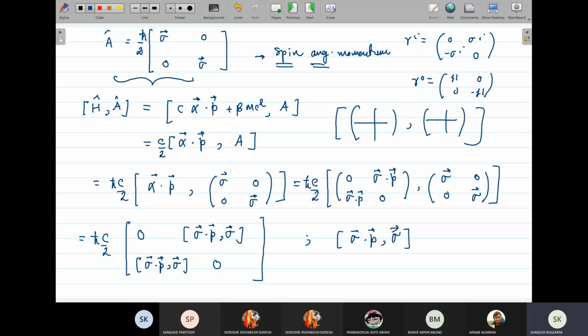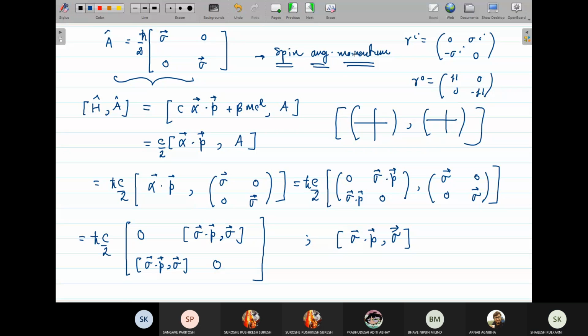Now you see, in Dirac theory I have not done anything. I just took the commutation relation between H and L, and I showed that this commutation relation is non-zero. So Dirac theory requires some extra angular momentum. You see, there is a relativistic free particle. I have rotational invariance, so I expect the angular momentum to be a constant of motion. But when I calculate the commutation relation of H with L, I get a non-zero result.